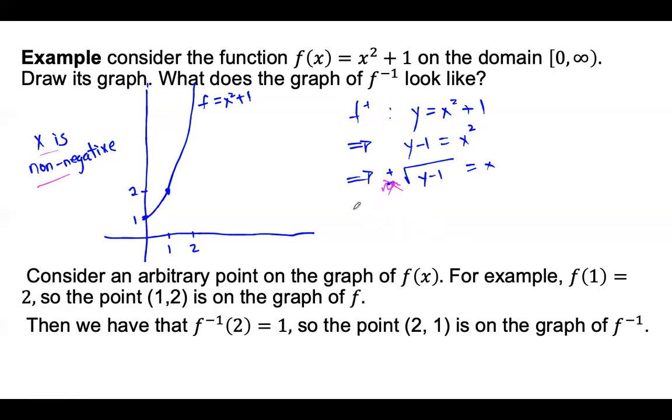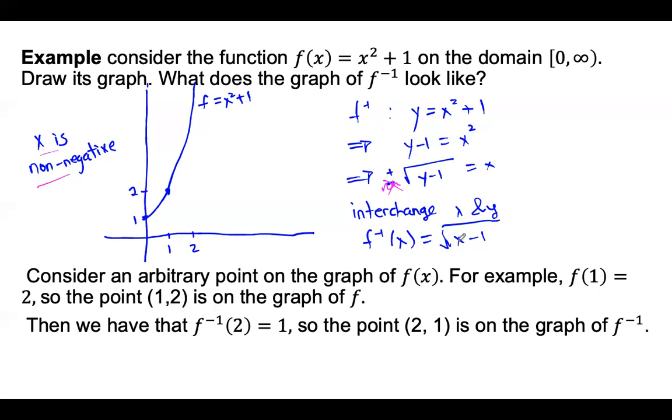So then we could interchange x and y. And then we get the inverse of this function is equal to the square root of x minus 1.